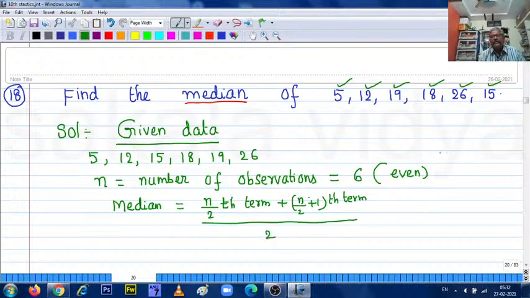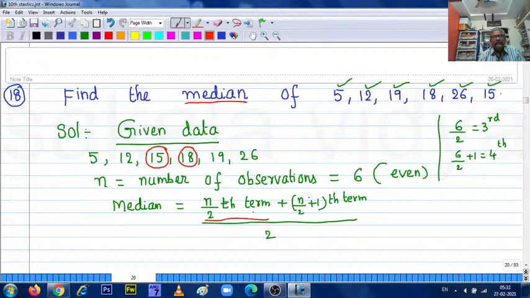First find n by 2. 6 by 2 is the third term. Next, 6 by 2 plus 1 is 3 plus 1, the fourth term. Counting from the beginning, 1, 2, 3, the third term is 15 and the fourth term is 18. So we write 15 and 18.